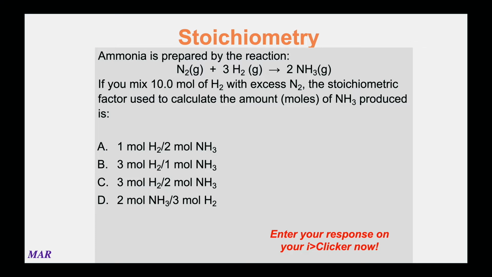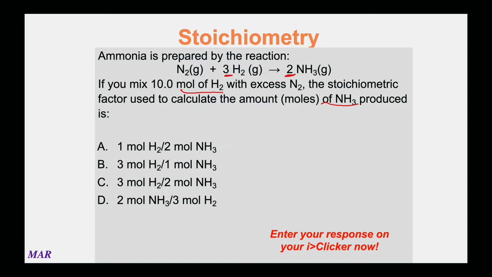So again, the key part here is that we're starting with moles of hydrogen. Like we talked about earlier, the thing you start with is going to go on the bottom, and what you're looking for is going to be the part that goes on top, and that's going to be moles of ammonia. There's a 2 in front of the ammonia, so it's going to be 2 moles NH3 on top, and we're starting with hydrogen.